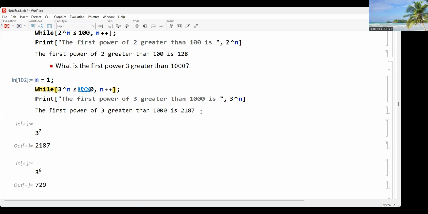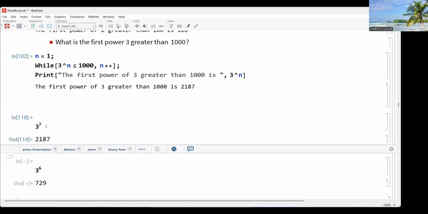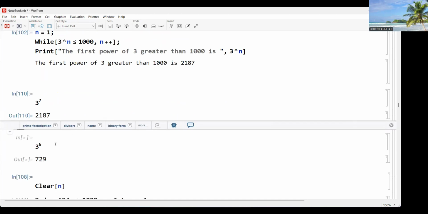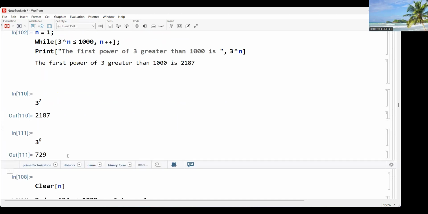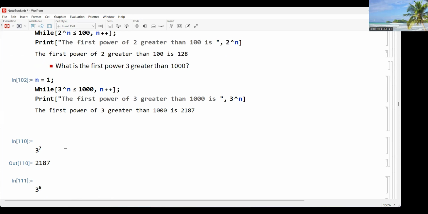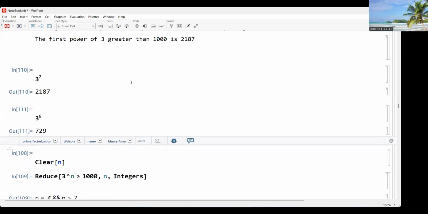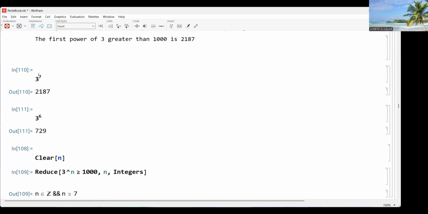Okay, so the first power has a value of 2187. So we have here n equal to 7, 2187, and if n equal to 6, 729. So our n here is equal to 7, because our problem here is the first power of 3 greater than 1000. So 3 to the 7 is 2187.